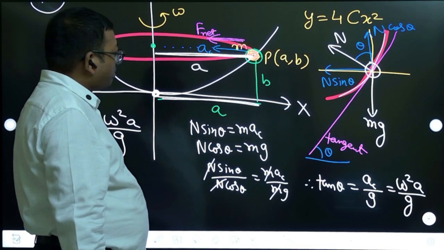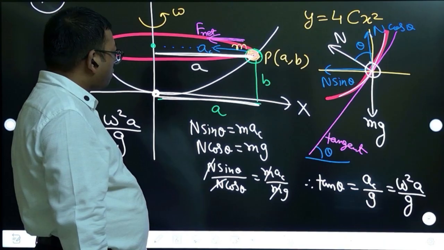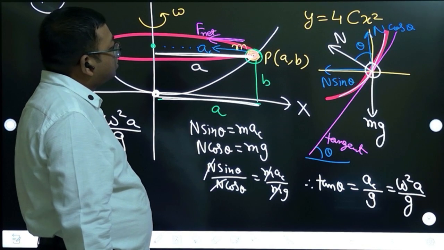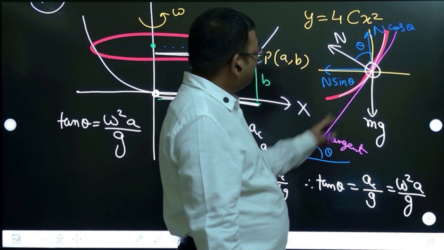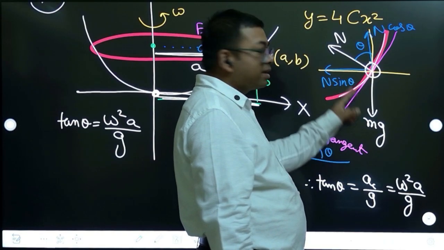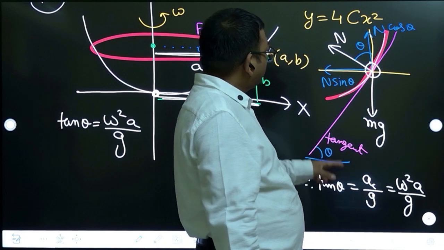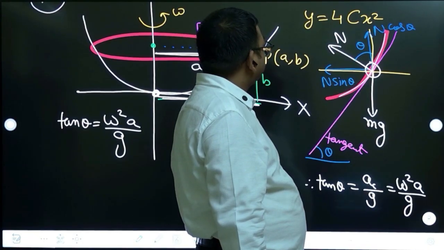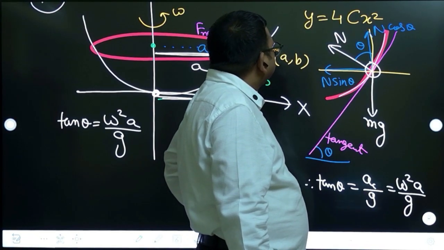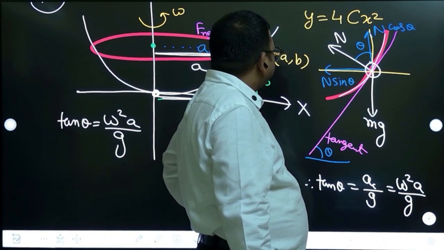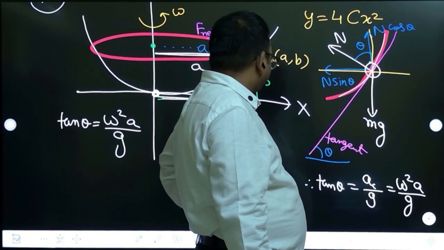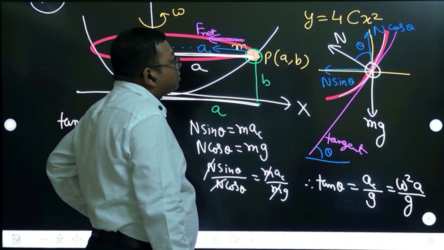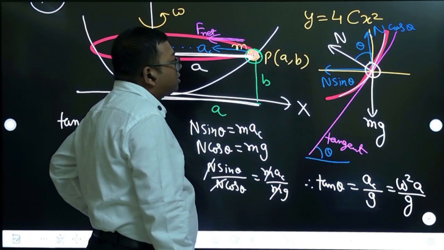Which diagram are you saying? mg is equal to N cos theta.